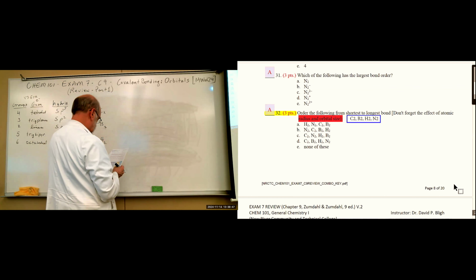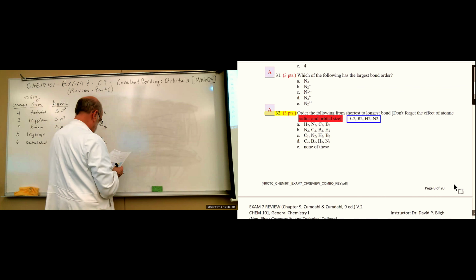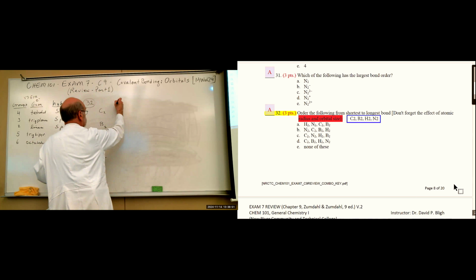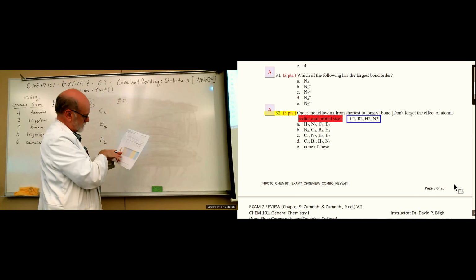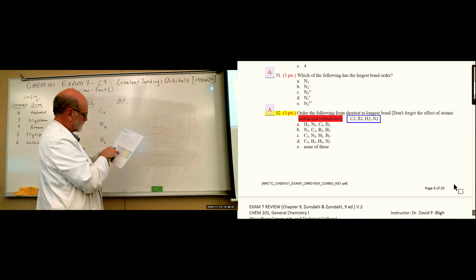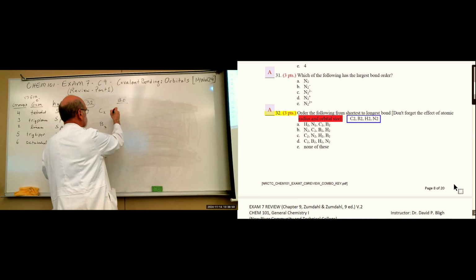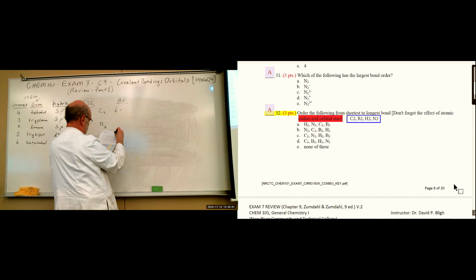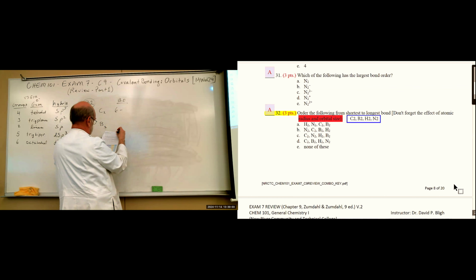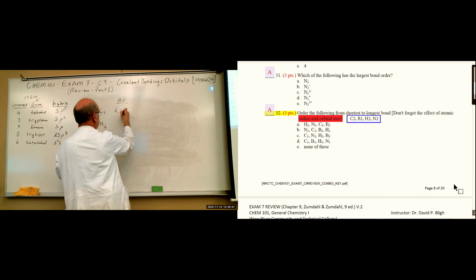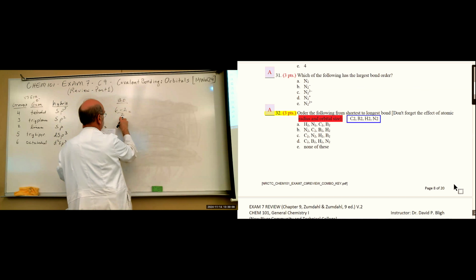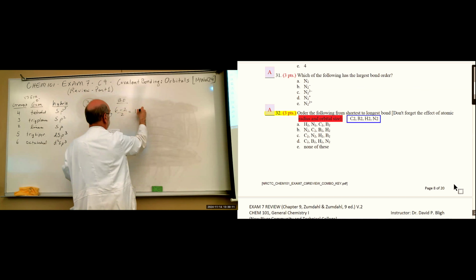So, dicarbon. All right, let's calculate bond order first. So if we look at our thing here, we've got 2, 4, 6 bonding minus 2 anti-bonding. Okay. So that's 1.5.